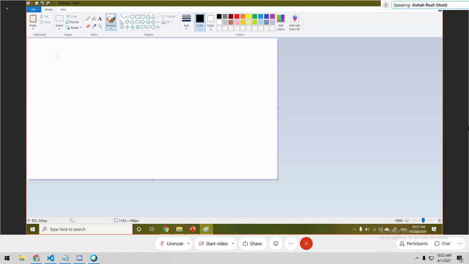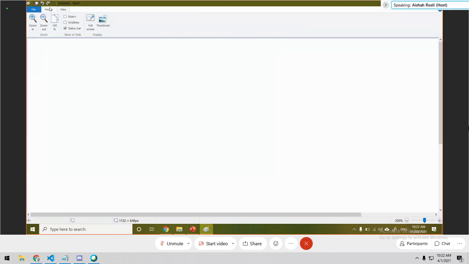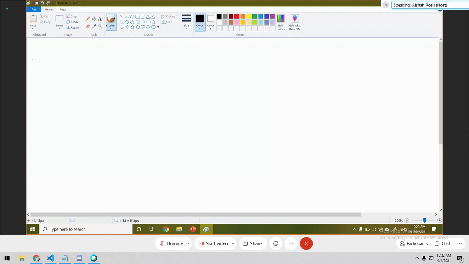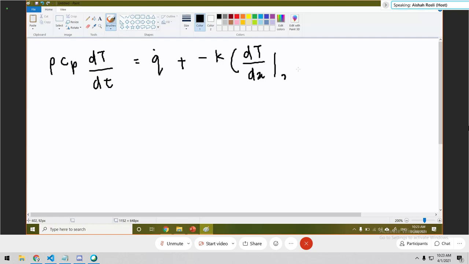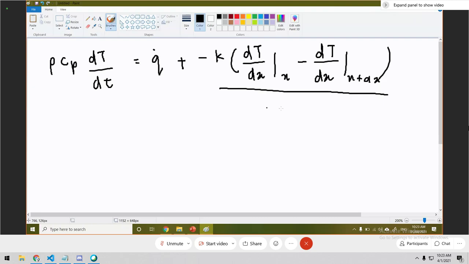Let's isolate this, so we get rho Cp dT over dt equals q plus minus k times dT/dx at x minus dT/dx at x plus dx, divided by dx, of course. If you remember, we divided everything by dx.